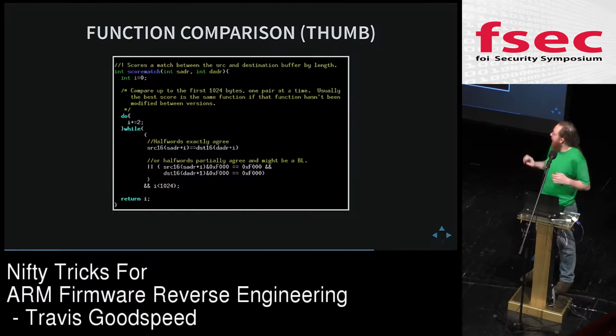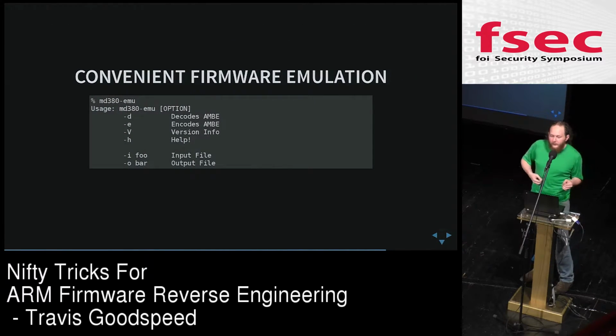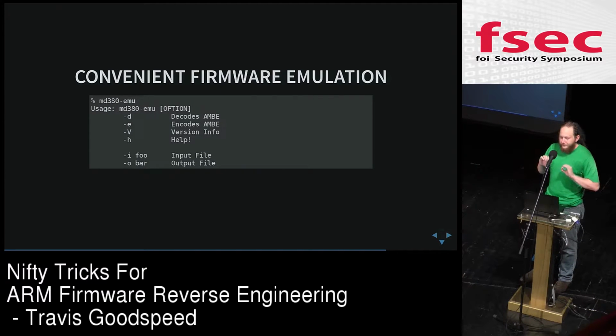We use it in production, and it's just this teeny little do-while loop here with nothing more complicated. This function takes a source address and a destination address, and it tells you how similar the functions are based upon a score. Now, you also want to do firmware emulation, because when you have a firmware image and you're changing it, you need test cases or you will break your features.